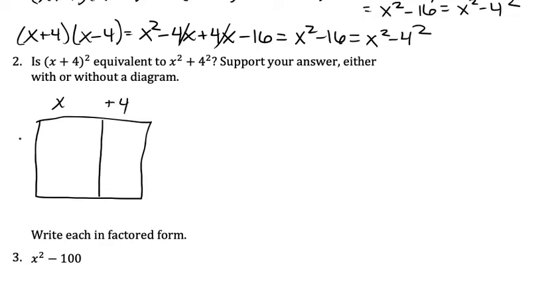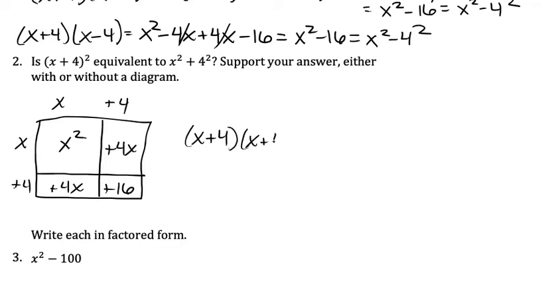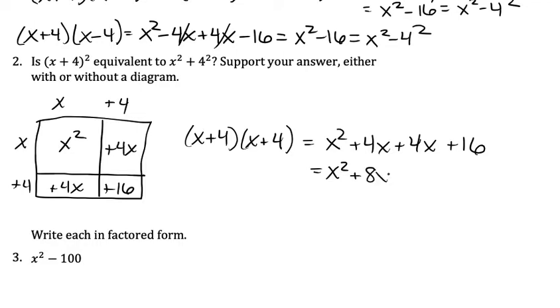So if we multiply x plus 4 times x plus 4, we get x squared plus 4x plus 4x plus 16, or x squared plus 8x plus 16. So the answer is no. That's not equal to x squared plus 16 because of this 8x.